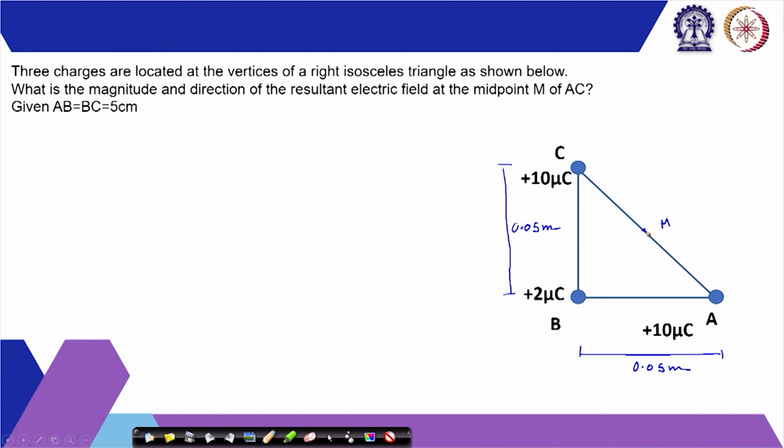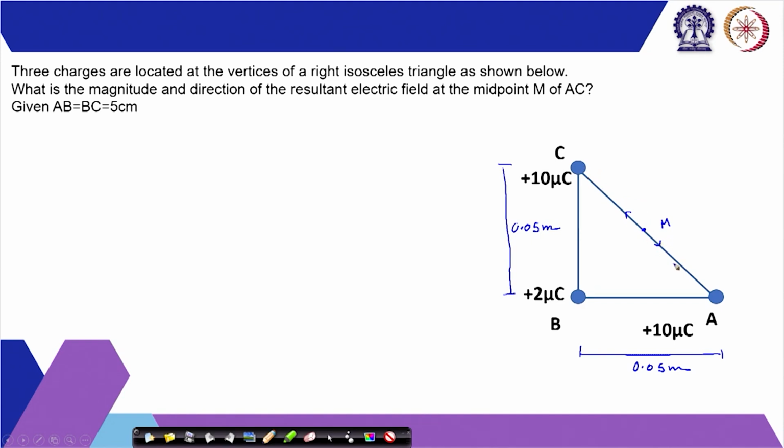Now, this is the midpoint. So, the distance from M to A and M to C are the same, and if we look at the electric field at M caused due to A, it is directed towards this direction, and the electric field at M caused due to C is directed in just the opposite direction, and their values are the same.